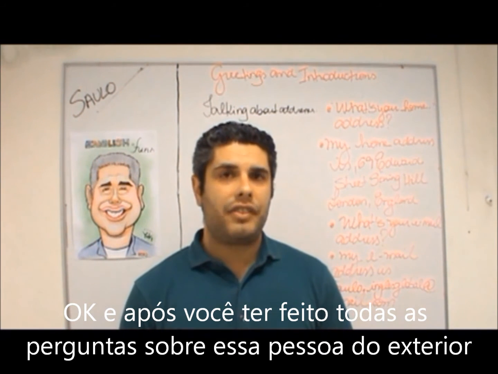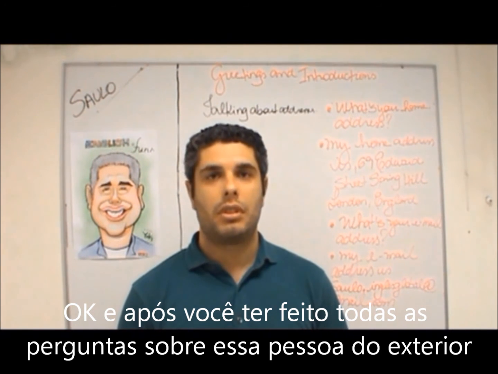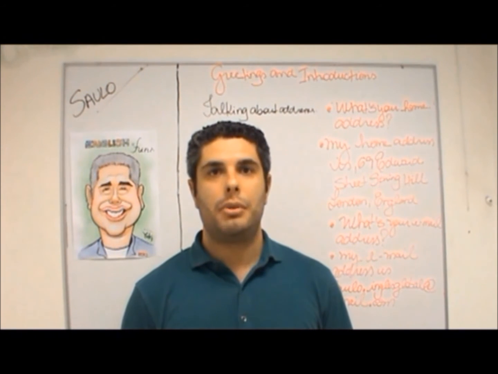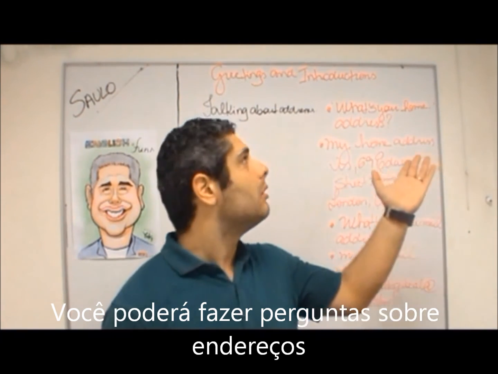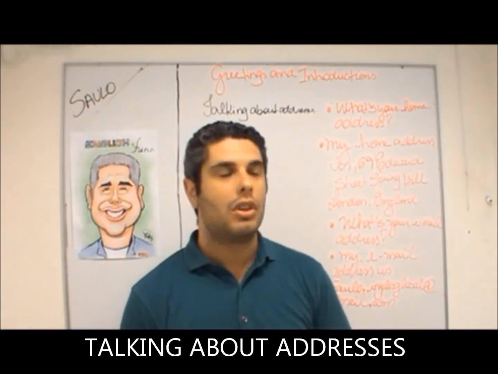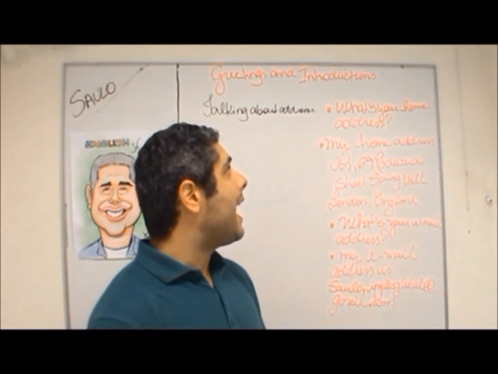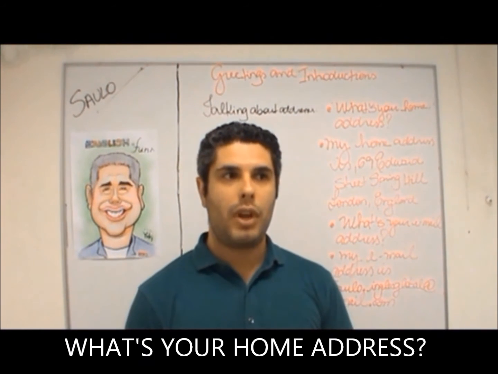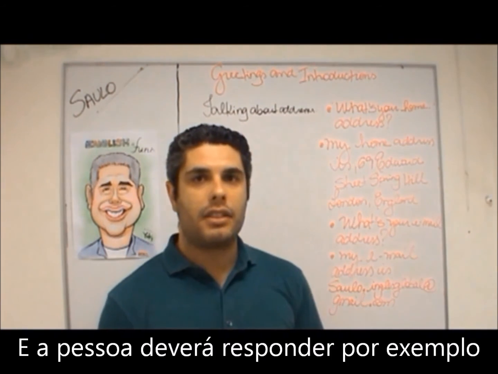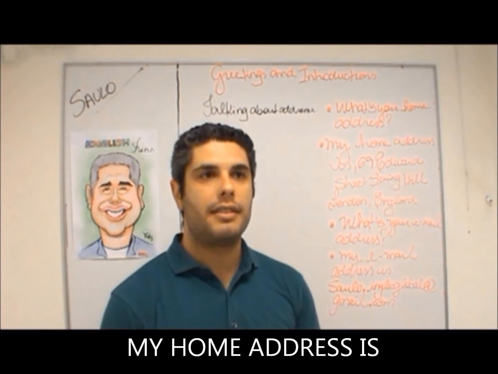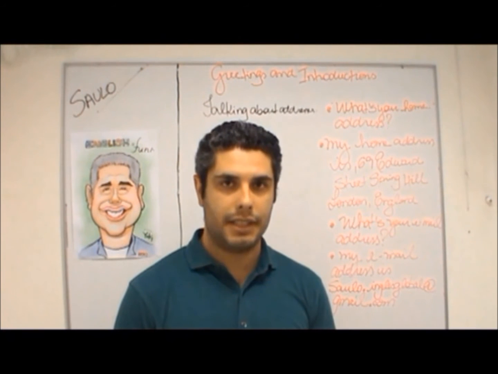All right, and after you have already made all the questions about this foreign person, you may ask this person, for example, about addresses. So, if you ask somebody about the address, you may ask, what's your home address? Where does this person live? What's your home address? And then the person may answer, for example, my home address is 69 Edward Street, Spring Hill, London, England.